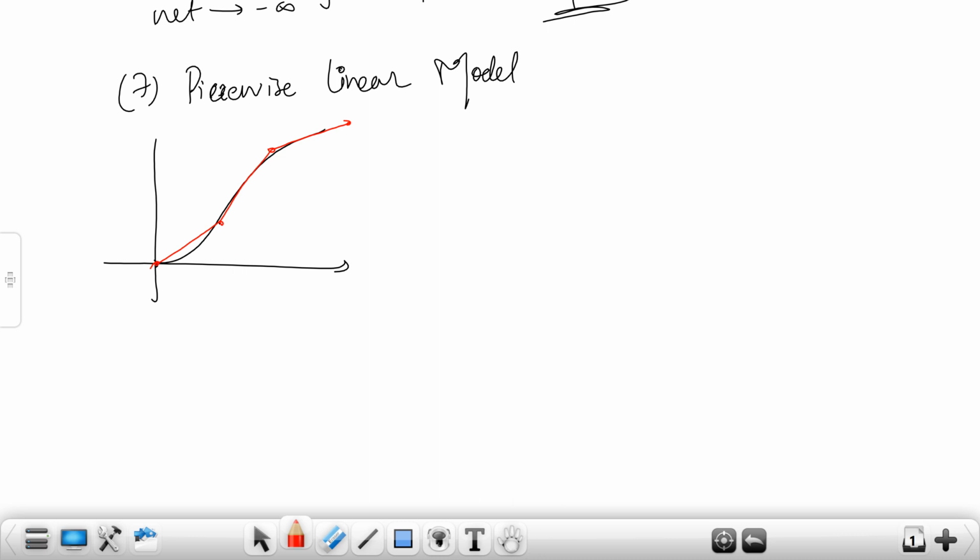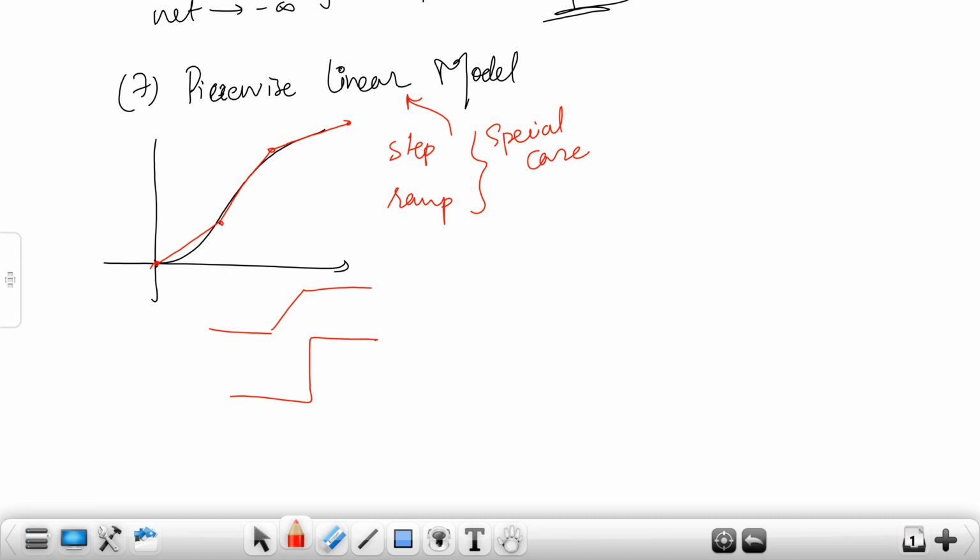Step function and ramp function are special cases of piecewise linear, because obviously this will look like a ramp function if you look at it like this. If you make it like this, it becomes a step function. This comes under piecewise linear function.